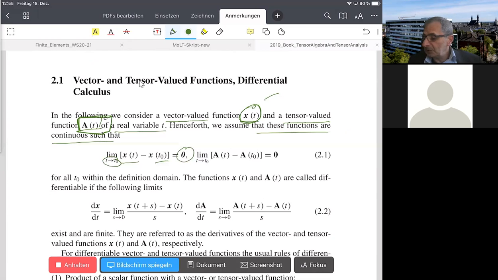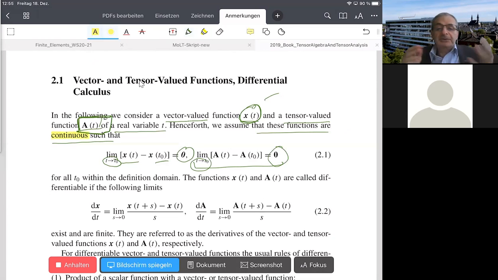The same is valid also for A. If I consider the difference A at t minus A at t0 and take the limit when t tends to t0, the result should be the zero tensor. Such functions are called continuous, and from the very beginning we confine ourselves to continuous vector and tensor valued functions. So clear?